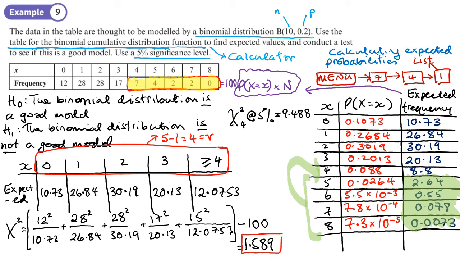Yeah, so 1.589 is less than that, a lower spread, which means that we can accept H0, and then say the binomial distribution is a good model in this particular case. Or we could say something like, there is evidence to suggest that the binomial distribution is a good model.